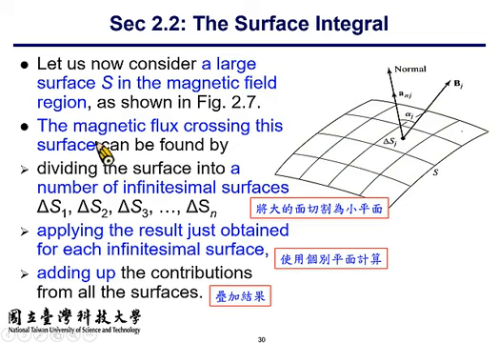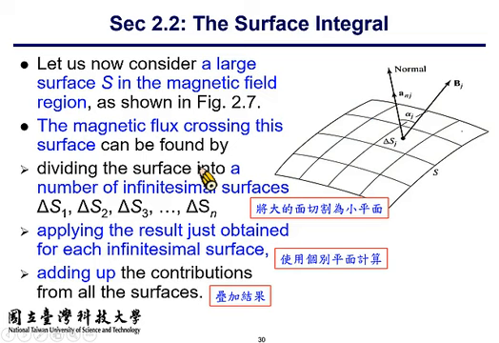Which means the small surface should be small enough to be approximated as a flat surface, so that you can use just one normal vector to represent the direction of the surface. So the essence of numerical integration is that you cut the integration range fine enough. What is fine enough? Small enough that in that small range, a line segment can be approximated as a straight line, and a surface can be approximated as a plane. Then you can use a single normal vector to represent it. Then you can calculate the field intercepted by this small surface individually.